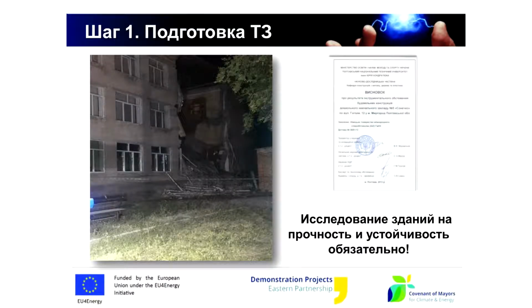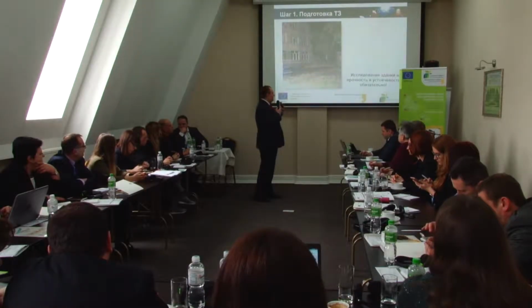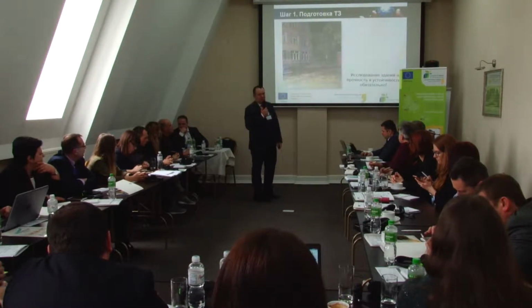Here is a real building, a real situation in Ukraine. Seems to me this is the Mykolaiv region. You can see that this is the beginning of the refurbishment and the windows were partially replaced. And during replacement of windows in part of it, unfortunately it collapsed, and part of the wall fell down, because before the commencement of works no study was made.